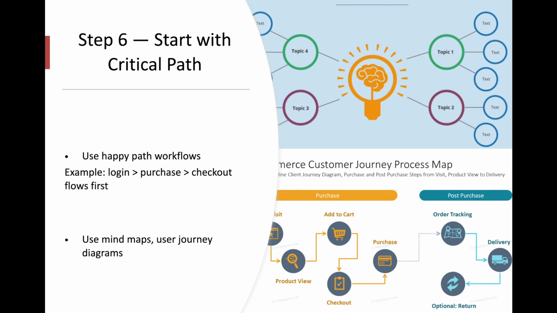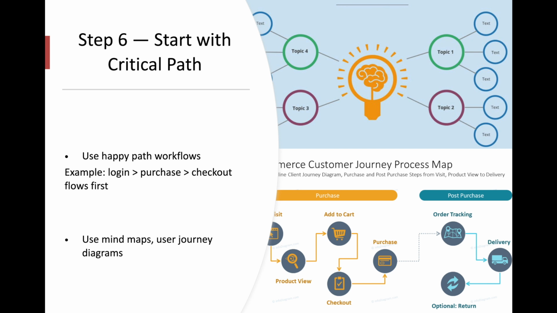You can use mind maps of your business analyst or user journey diagram, any documentation that your project has already developed, or you can just discuss it during some sync-ups with your team, with maybe manual QAs, just to make sure that you're covering the right functionality first. What is the most important to the customer, to the user who will be using this application.